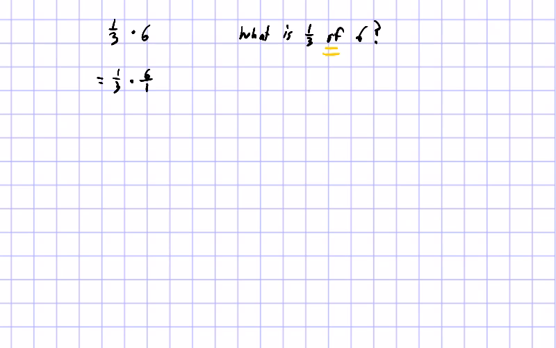But we can use the commutative and associative properties to move things around and regroup them. It does not matter if you take 1 and divide by 3 and then multiply by 6, or switch the order around: take 6 times 1 and divide by 3 times 1.